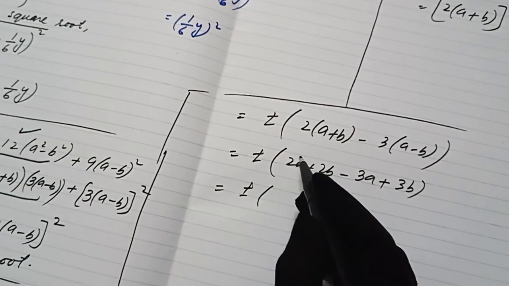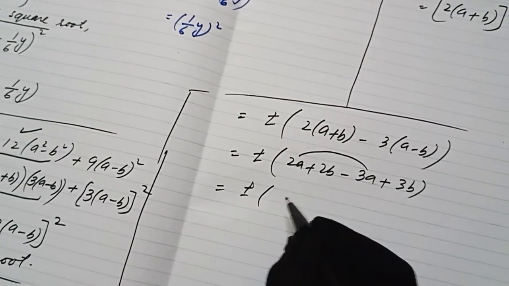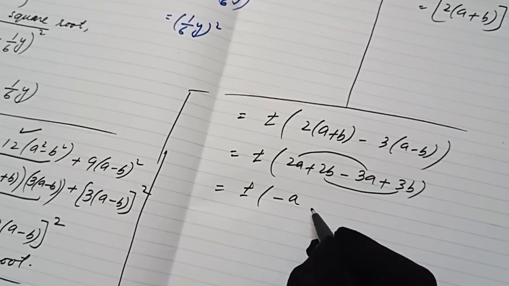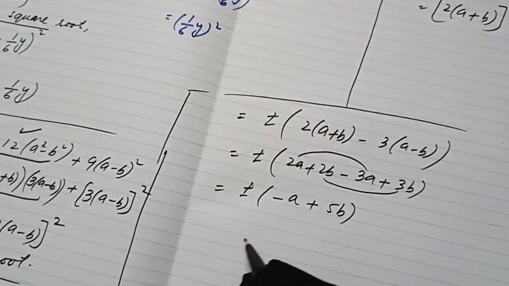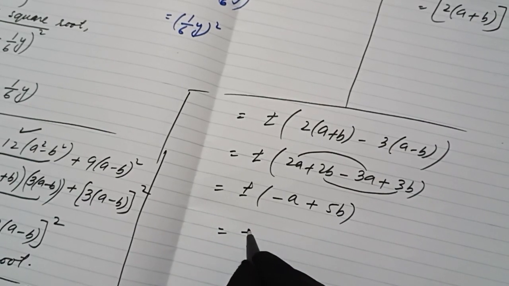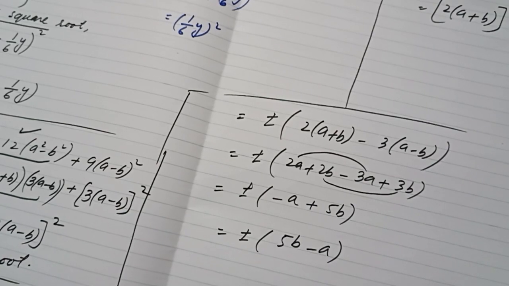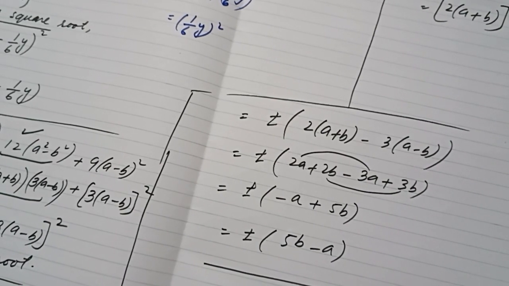Collect the like terms. 2a and minus 3a will give you minus a, and 2b and 3b will give you plus 5b. You can write it like this, or it can be written with the positive term first and the negative term at the second place, and this could be your final answer.